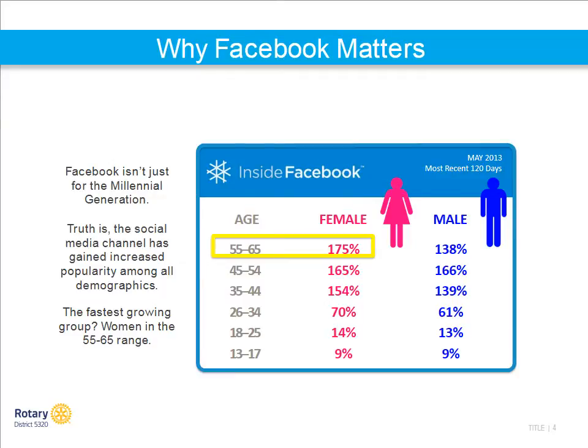However, if we look at this chart, we will see that our target demographic from 35 on up is on Facebook, and we can reach them, and we can share the idea of service above self.